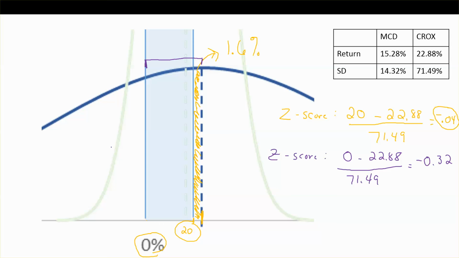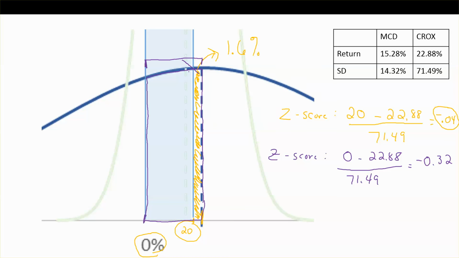So what that means is the area under, well, this area that I'm shading in purple, and I'm not doing a great job of it, this area in purple is 12.55%. I'm just going to kind of cross-hatch.